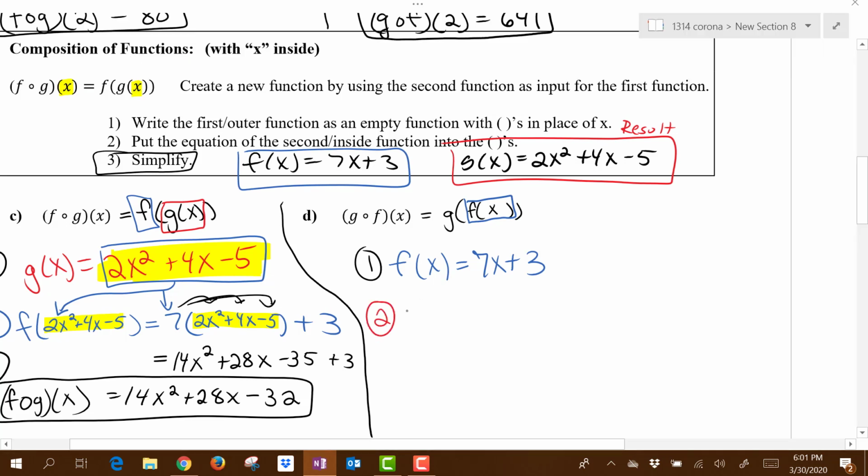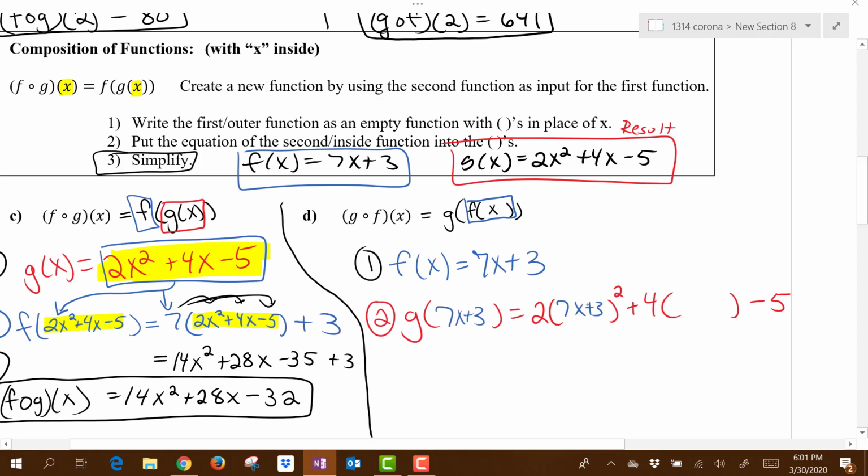Step 2 says to write the outside function, putting a parentheses in place of x. So 2x squared, that's 2 parentheses squared, plus 4x, that's 4 times parentheses, and then minus 5. Now inside of the parentheses I'm going to write 7x plus 3.